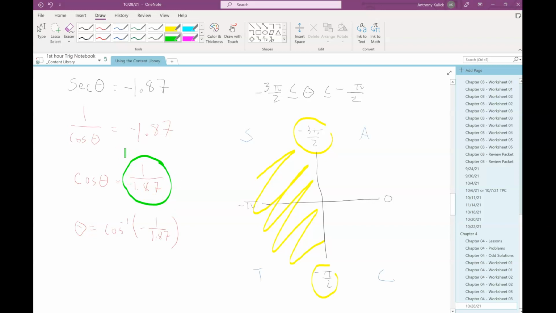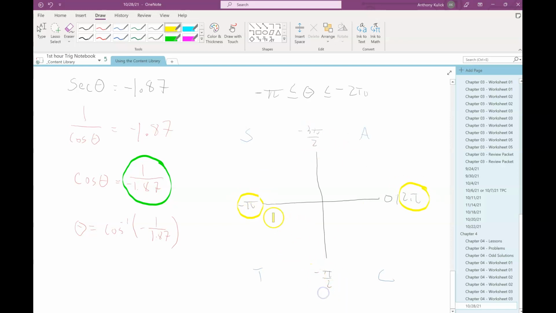Oh, fiddlesticks. Let's just change the problem here a little bit. Make this negative pi to negative 2 pi. My apologies, guys. Okay, so going negative pi to negative 2 pi is there.